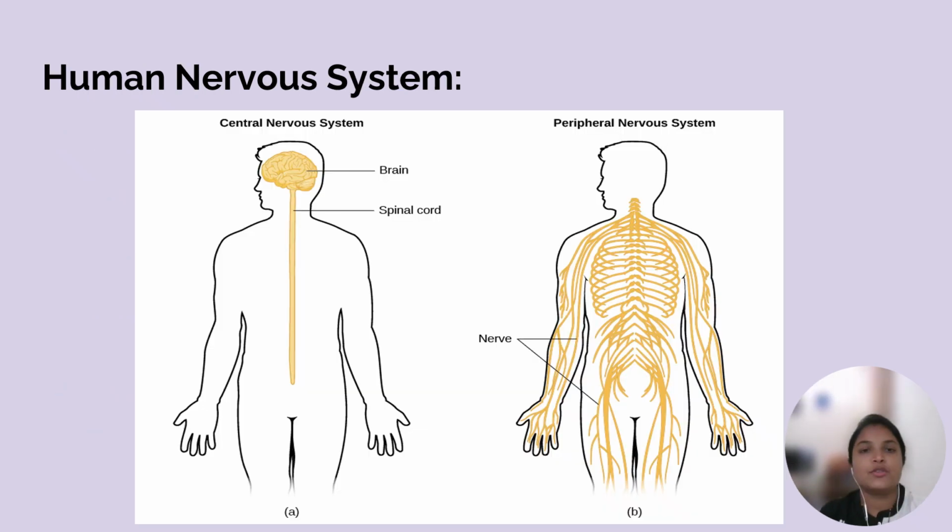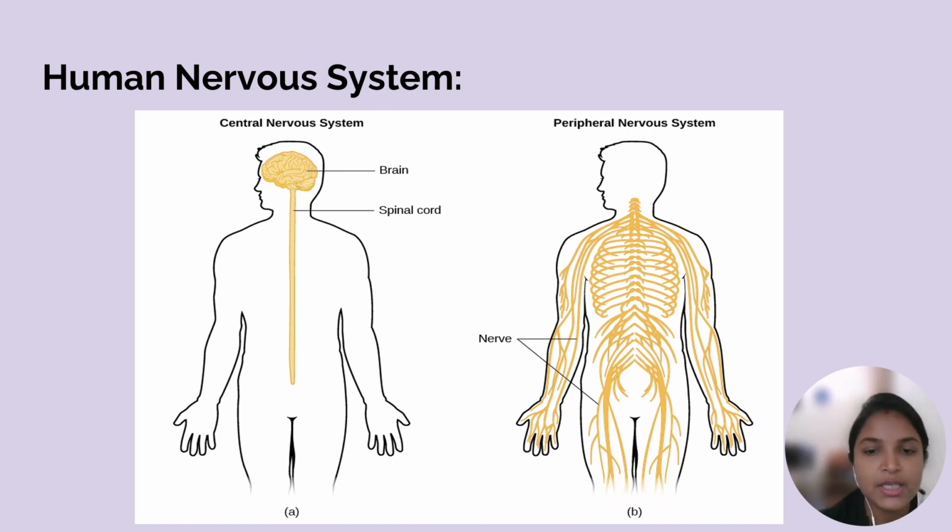Now coming to the broader part, the human nervous system. We got the idea of the nerves, the neurons, and coordination.